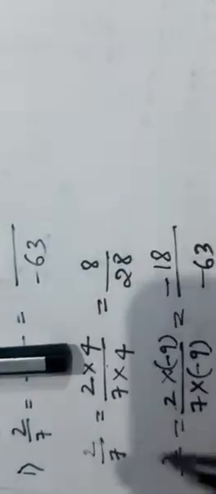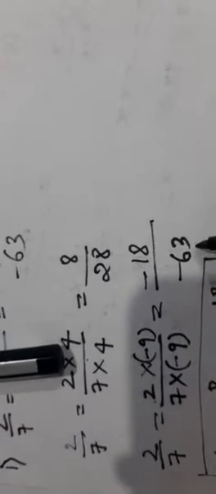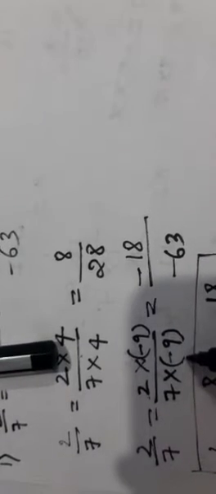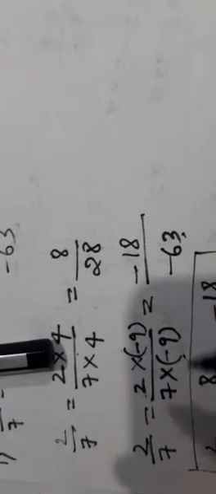Then you have to consider these 2 rational numbers, children. That is 2 by 7 and the third rational number. 2 by 7 I have written. Then in the denominator you are given the answer, right? Minus 63. Therefore with what you multiply 7 to get minus 63? Because there is minus in the denominator, we have to take minus 9.